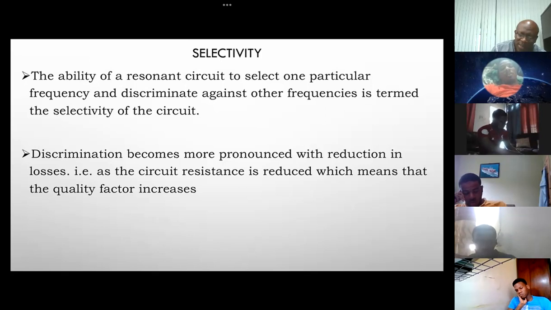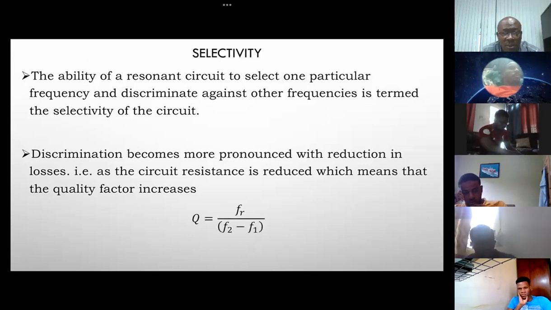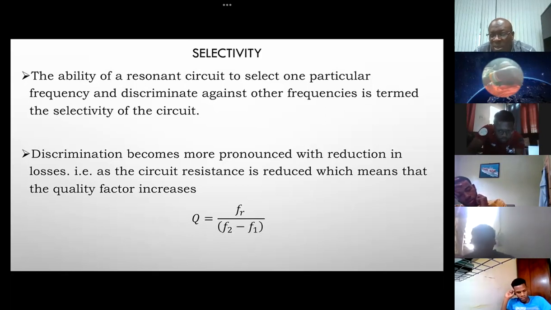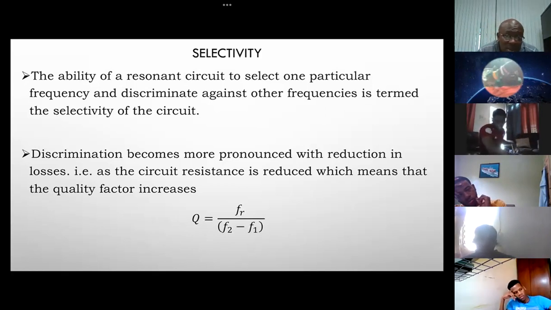So selectivity will be a function of quality factor. The quality factor is a function of the bandwidth.